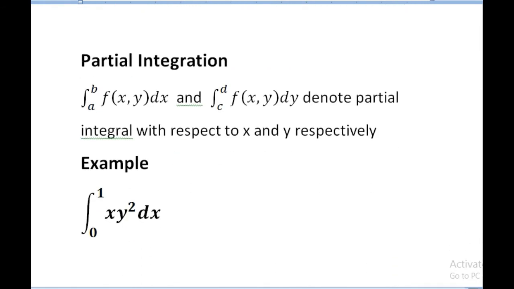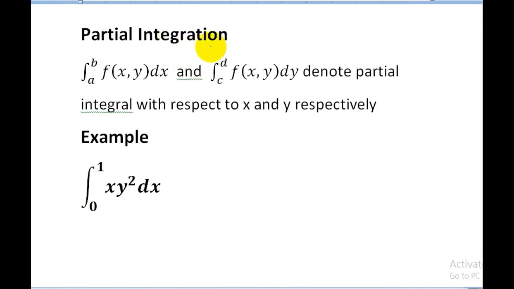Now we discuss the concept of partial integration. As we are familiar with the concept of partial differentiation or partial derivative, integration a to b f of x y dx and integration c to d f of x y dy denote partial integral with respect to x and y respectively.